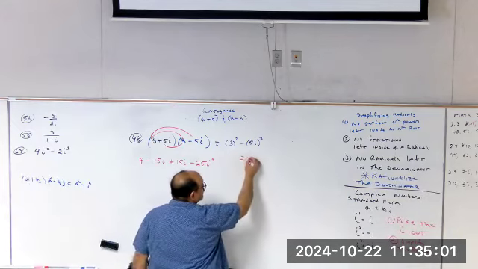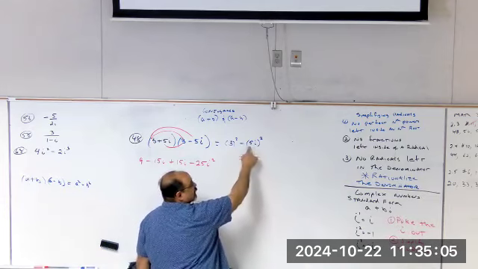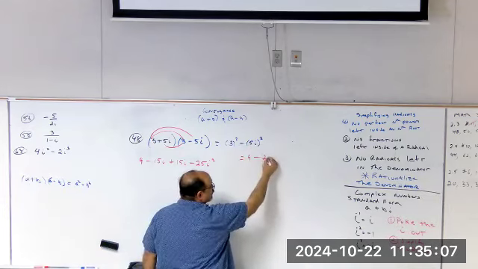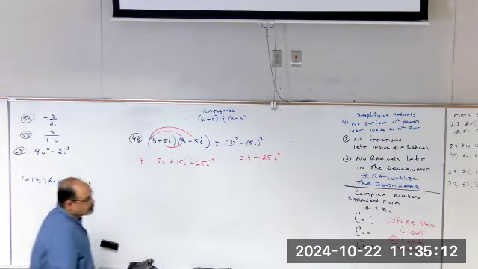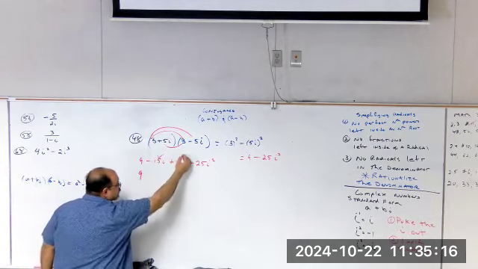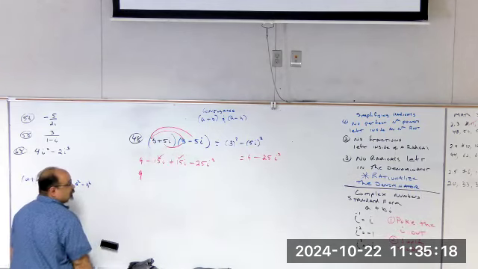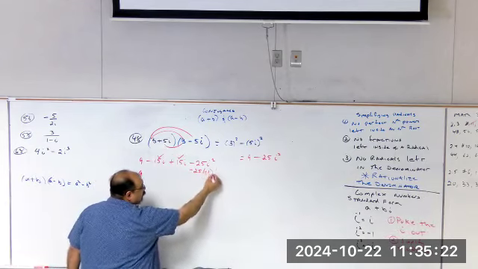3 squared is 9. It's still minus. You square everything inside. 5 squared is 25 times i squared. We have 9. These two cancel out because they make a 0. And this is negative 25 times negative 1.